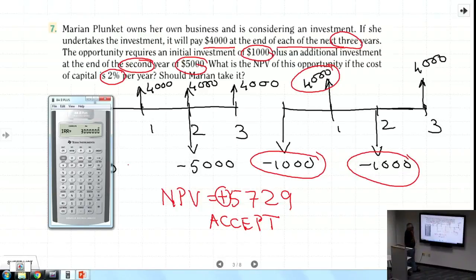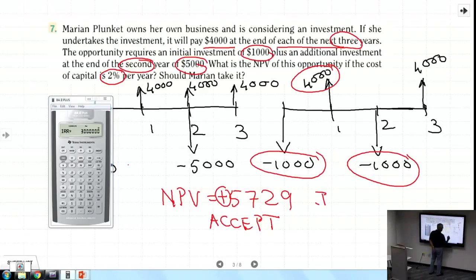This could be a problem over here because, given these cash flow sequences, we could have a situation where there are multiple IRRs. But one of the IRRs would certainly be 300%.